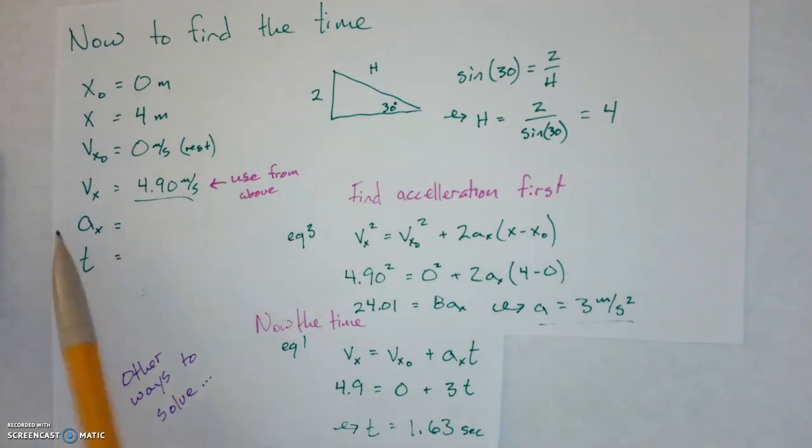Okay. So if I'm ultimately trying to find time, I don't have an equation in my equation packet that tells me how to do that, but I could figure it out if I needed to, but I might as well just work my way through using the equation packet equations. So I'm going to solve for the acceleration first, and that'll allow me to solve for the time.